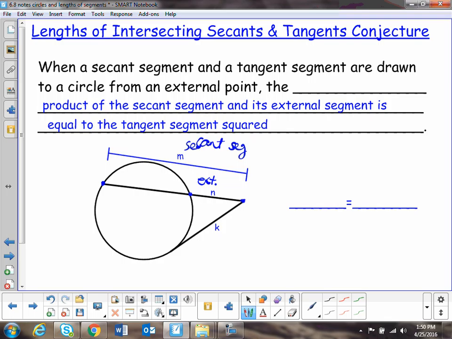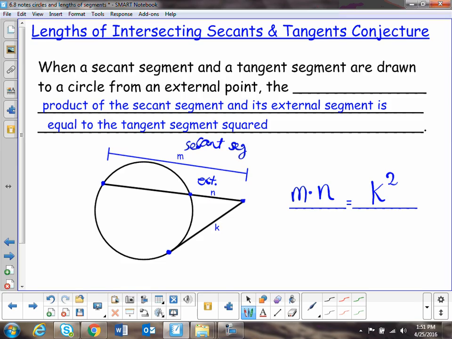Tangent segment squared. Okay, so here's how this one looks. M times N equals what, y'all? So this is kind of, sort of, how the last conjecture properties go.